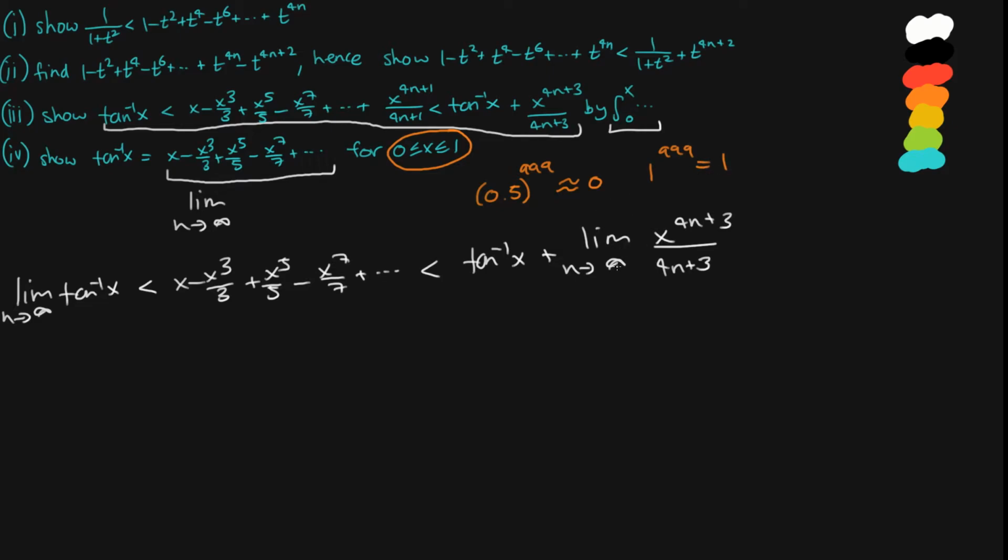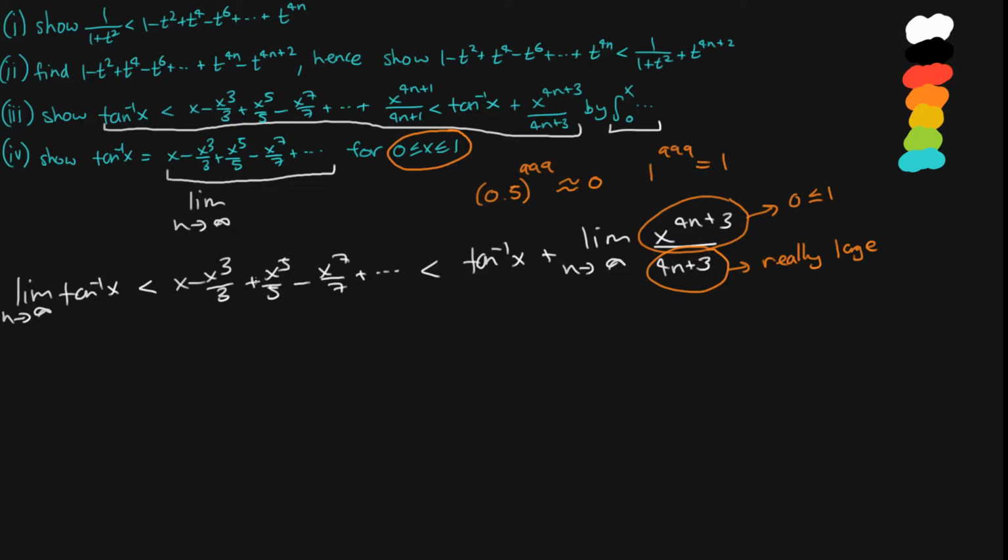Because of that, this thing over here is going to equal 0, because the top is going to be between 0 and 1, and the bottom is going to be really large. It's going to go to infinity, and 1 over infinity goes to 0.